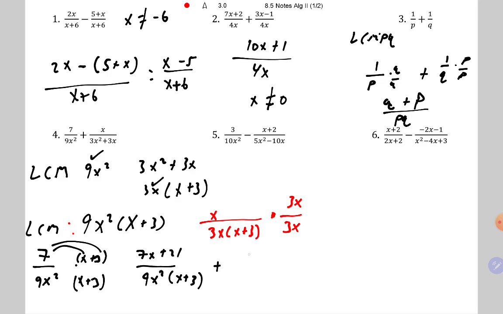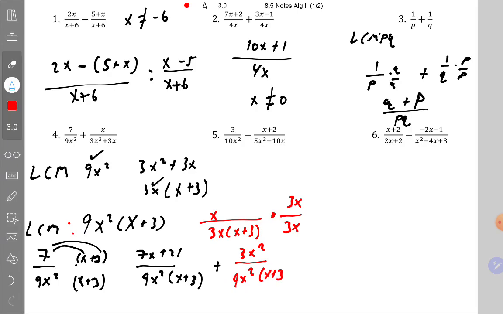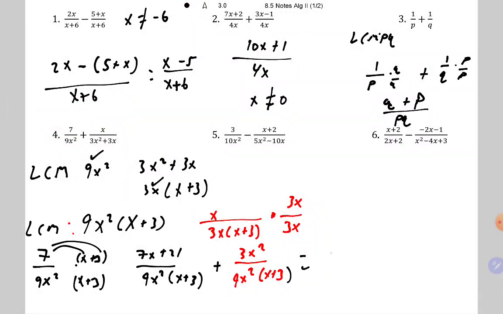So I'm going to get 3x squared up top, and now we have our 9x squared x plus 3. Finally, now that they have the same denominator, we can add the numerators together. 3x squared plus 7x plus 21 is 9x squared, x plus 3.